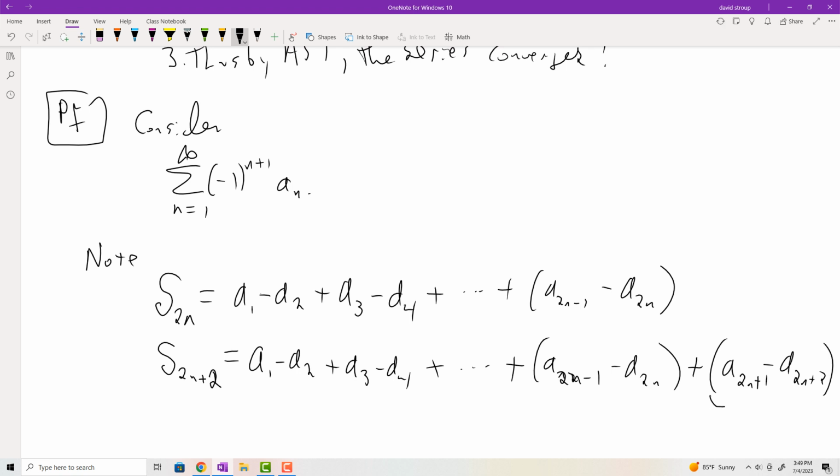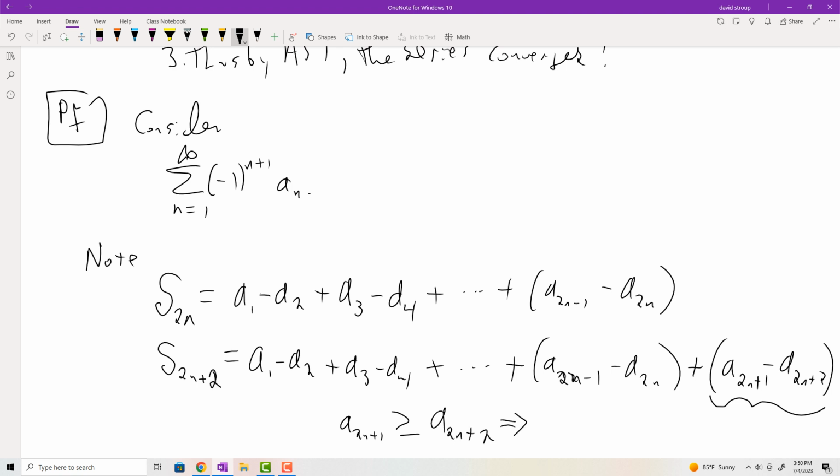Okay, so what is this thing that we're adding in? Is it positive? Well, yeah, it is positive, because the a sub n terms are decreasing. So, a sub 2n plus 1 is going to be greater than or equal to a sub 2n plus 2.